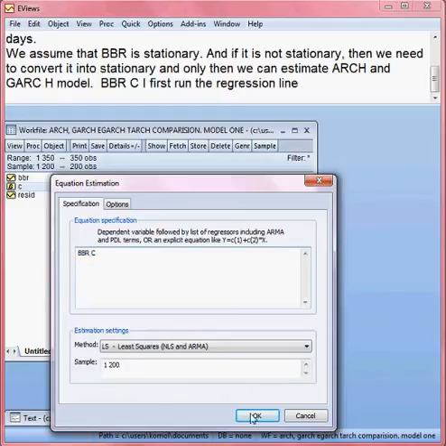I run the model now, and our sample size is 200, meaning 200 days of data.